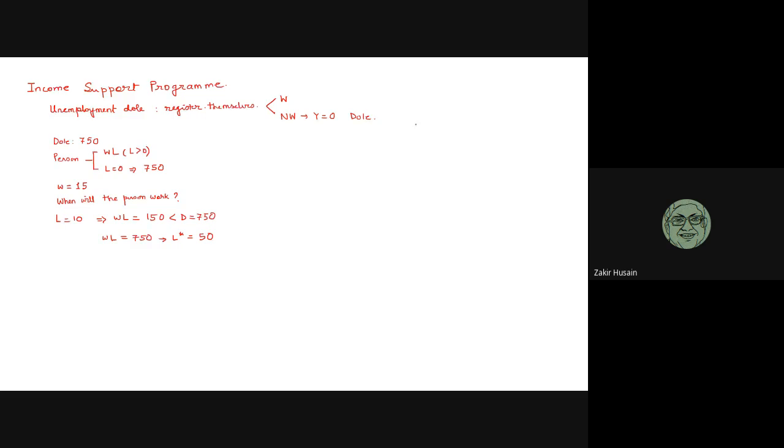So how do we plot this? This is his income from whatever source. Till 50, what will he do?